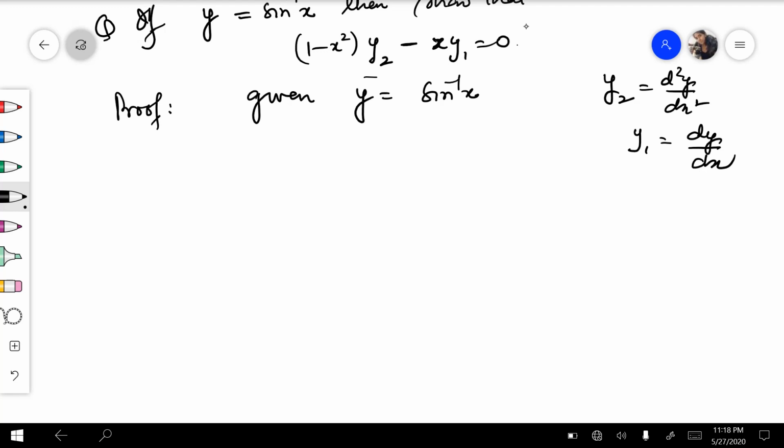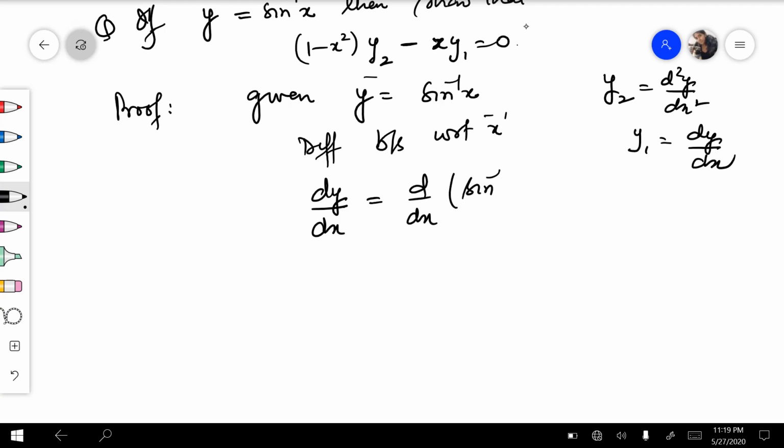For that, differentiate both sides, which gives you dy upon dx is equal to d by dx of sine inverse of x. dy by dx means y1 is equal to the differentiation of sine inverse x, which is 1 upon square root of 1 minus x square.